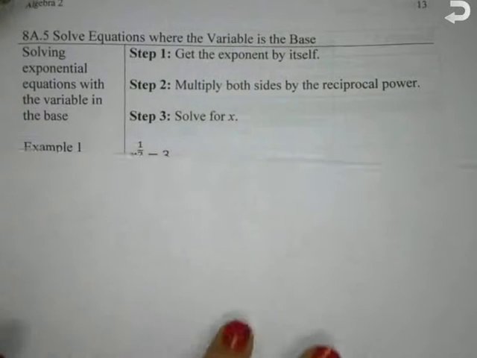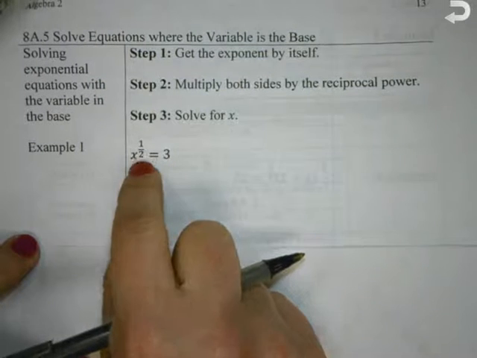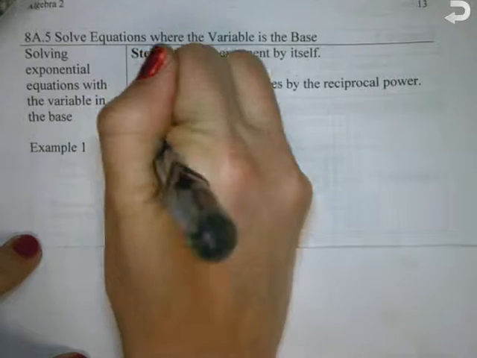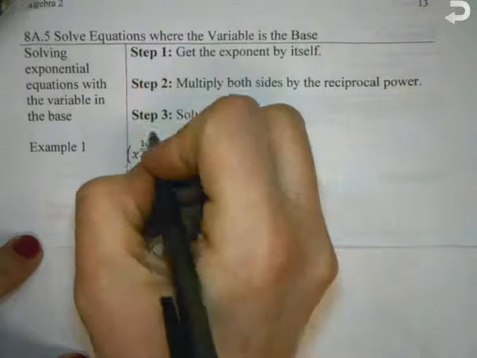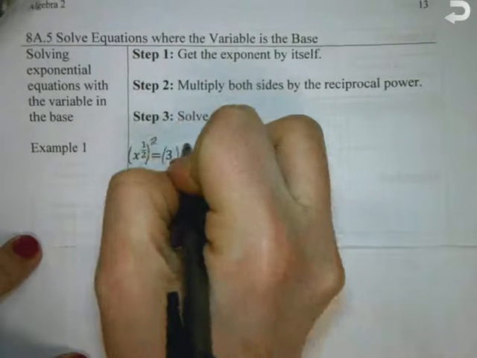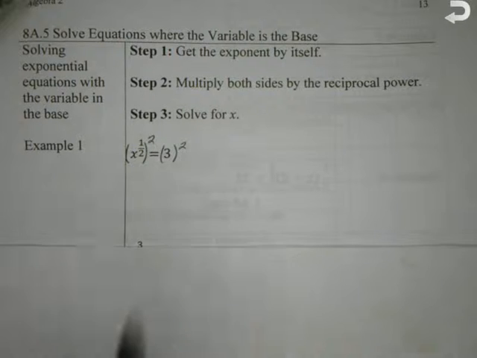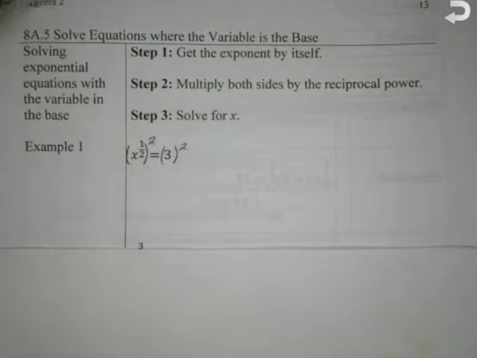So example 1. We have x to the 1/2 equals 3. So in order to cancel out that 1/2, I need to raise both sides to the second power. Because when I raise a power to a power, what do I do with those exponents? Do I add them or multiply them?